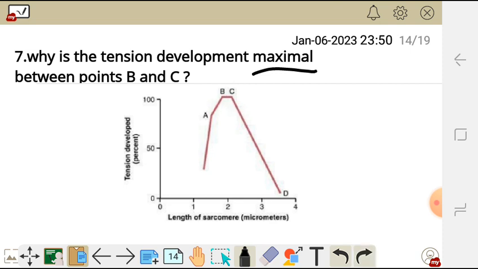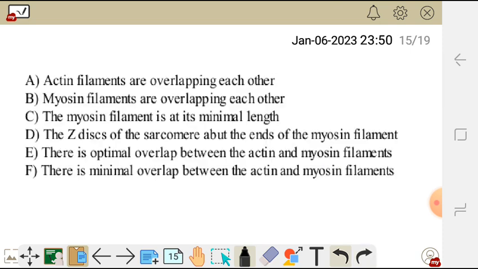A, actin filaments are overlapping each other. B, myosin filaments are overlapping each other. C, the myosin filament is at its minimal length. D, the Z disc of the sarcomere abuts the end of the myosin filament. And E, there is optimal overlap between the actin and myosin filament. And F, there is minimal overlap between the actin and myosin filament.